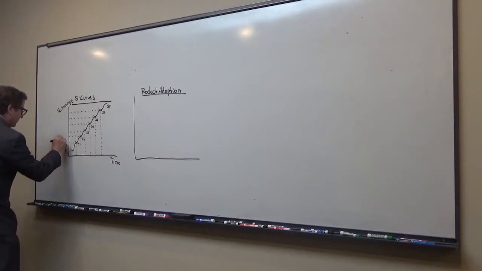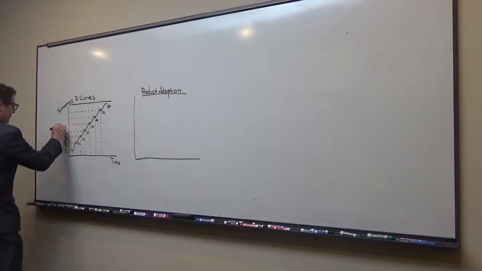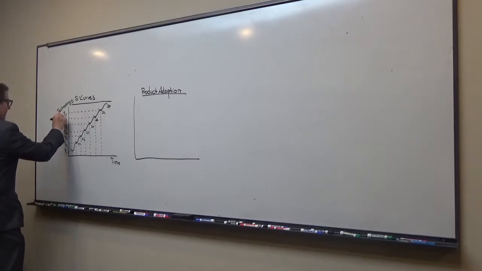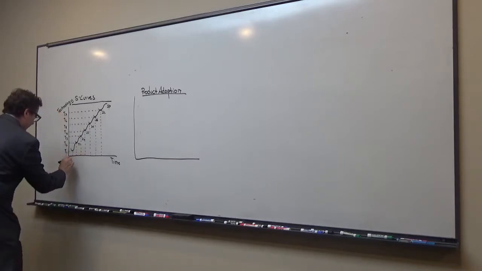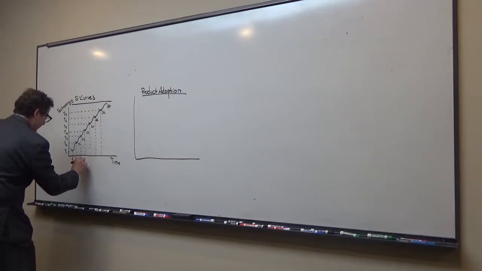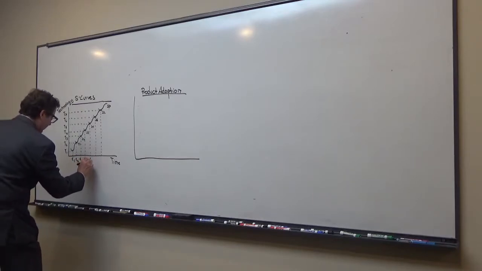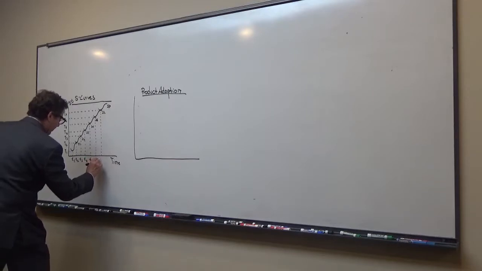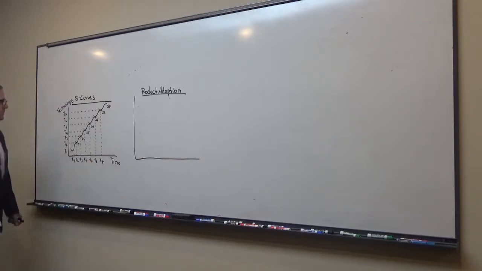T1, T2, T3, T4, T5, T6, T7, right? And then T1, T2, T3, T4, T5, T6, T7. So that's what I'm looking for in the S curves.